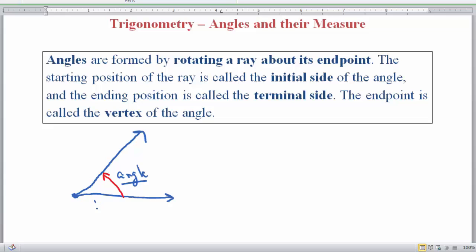that would be called the initial side. And where it ends up is called the terminal side.